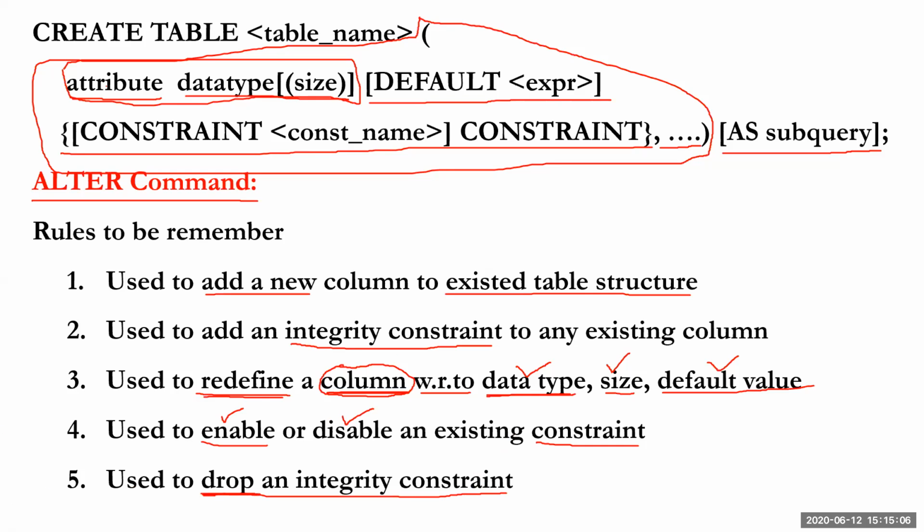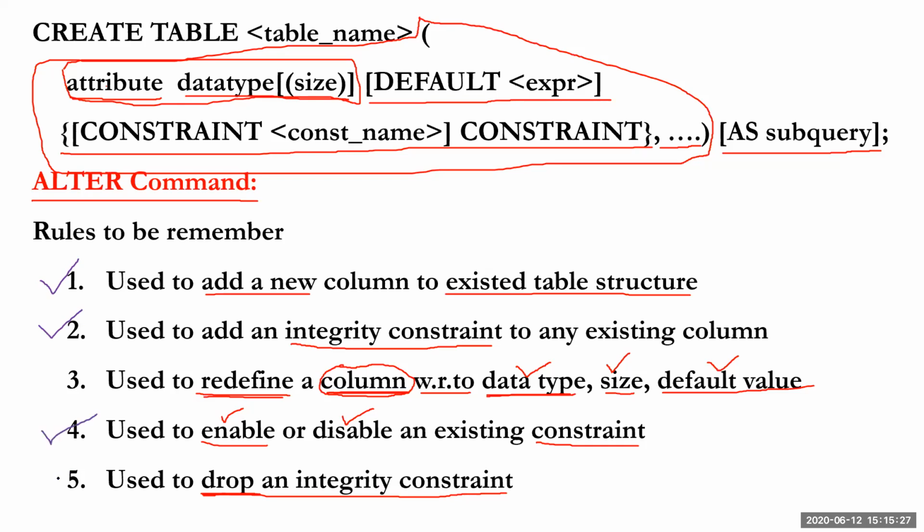But one point you'd like to remember: all these points are straightforward. On the existing structure, one new column will be added, straightforward. If you want to add any constraint, yes, it is straightforward. If you want to enable or disable a constraint, it is also straightforward.